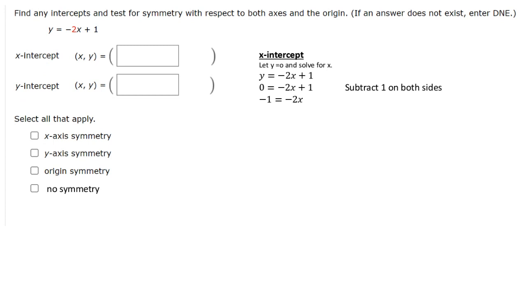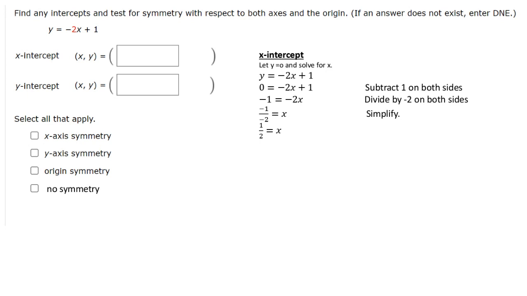The next thing we do is divide both sides by negative 2. Negative 2 divided by negative 2 becomes 1, or you can think of it as canceling, leaving us just with the x. Then we have negative 1 divided by negative 2. We always want to simplify our fractions. A negative divided by a negative becomes a positive, so x is equal to 1/2.